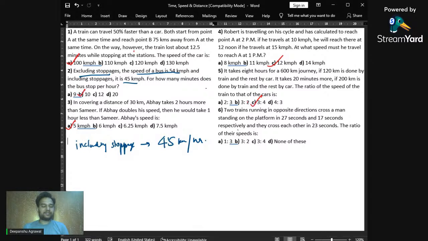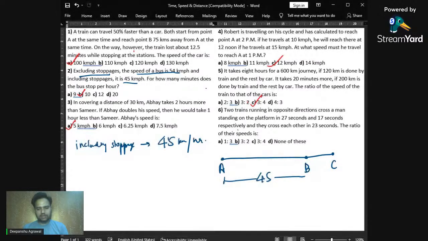But if it was not required for the bus to stop, let's assume it like this: there's a point A, and there's a point B, and there's a point C. The distance between A and B is 45, and the distance between A and C is 54.